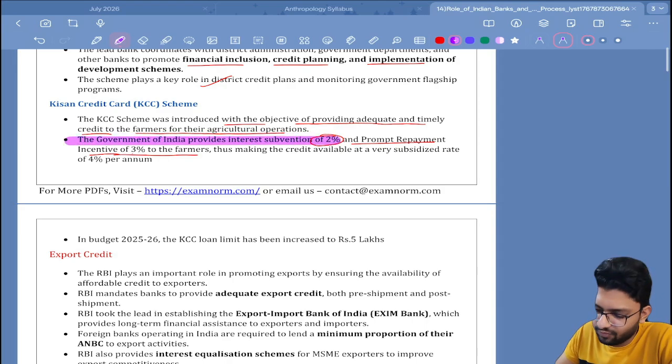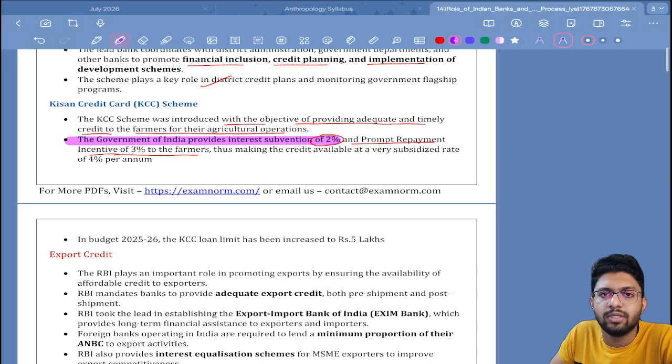What is this term called? Interest subvention. See, what interest subvention actually does is, suppose I am a farmer and I take a loan at an interest rate of 5 or 7%. Let us take the example of 7%. The government says that it would provide me interest subvention of 2%.